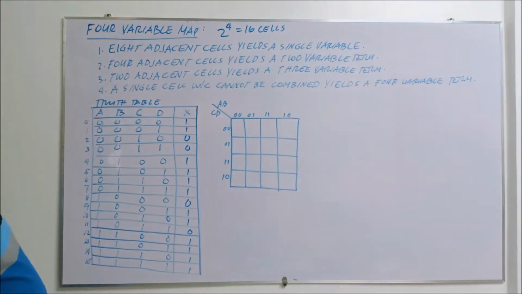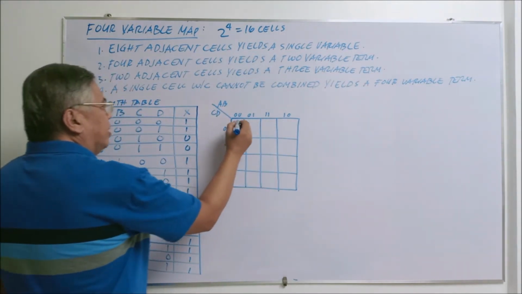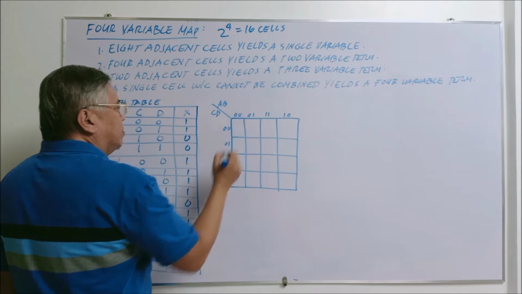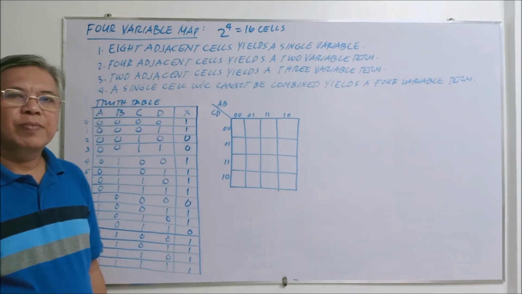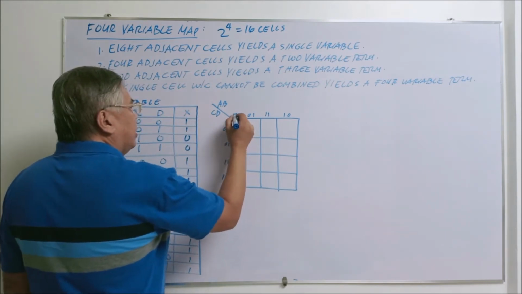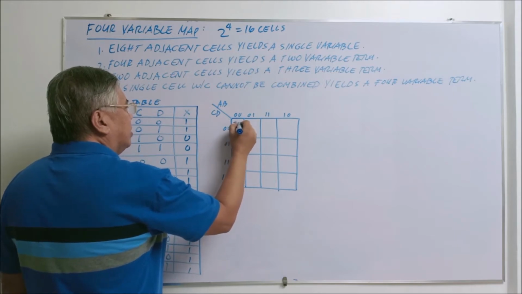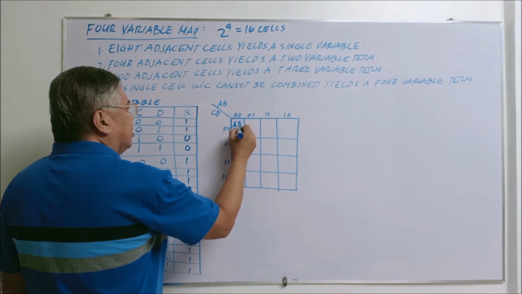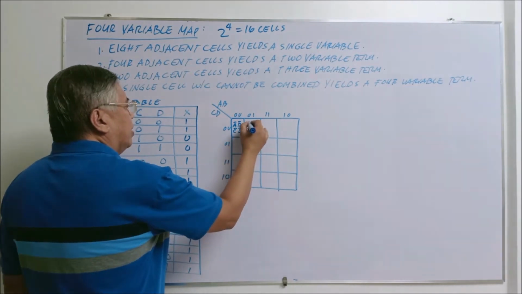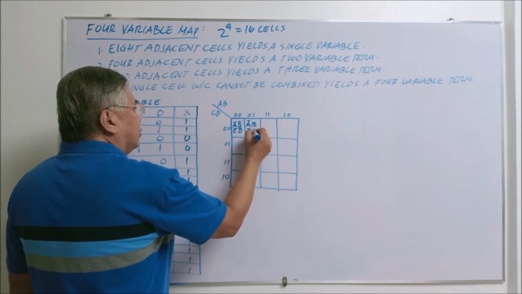Okay, then all we have to do now is to determine the value here of your cells. So you have A, B. Let's say we obtain what we call the product term of the map. So you have A is 0, B is 0, C is 0, and D is 0. So you have A bar, B bar, C bar, D bar. Then A bar, B, C bar, D bar.